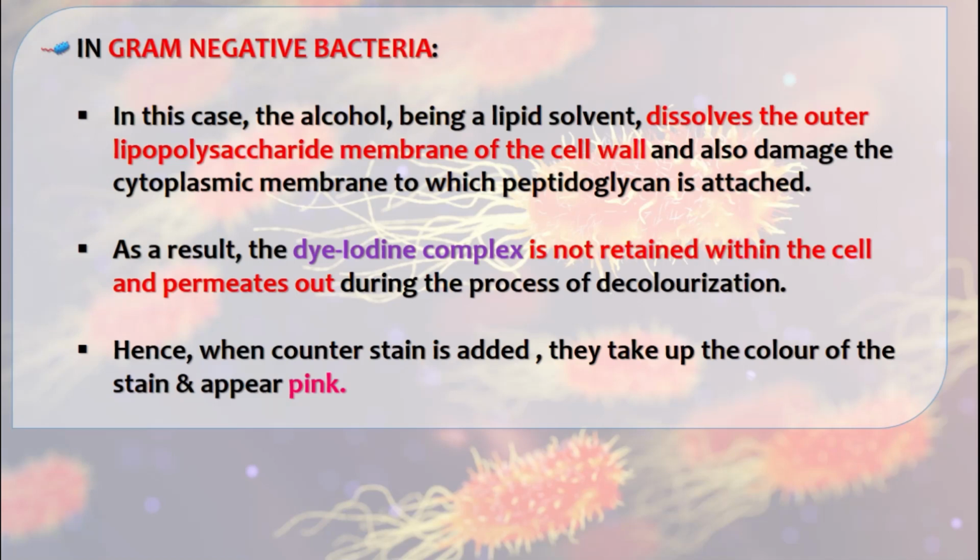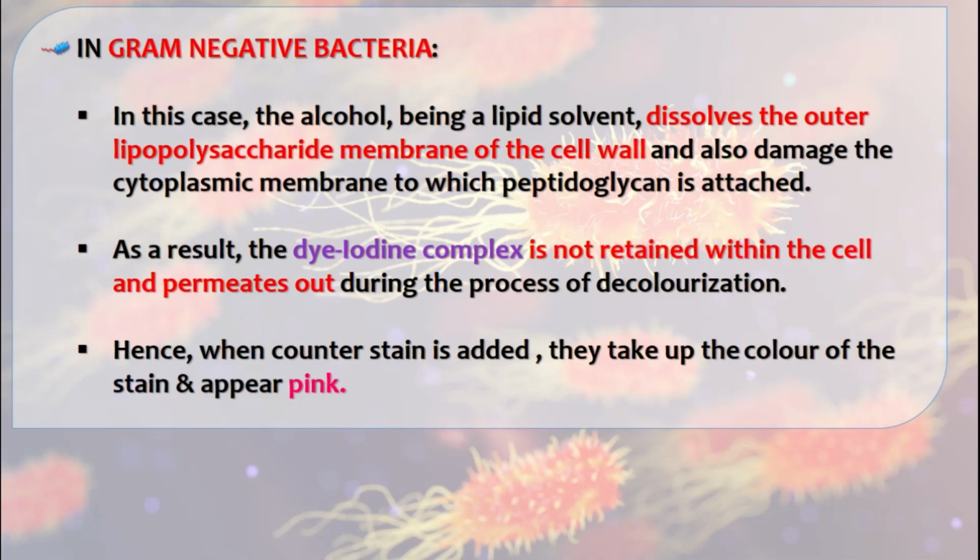Hence, when the counter stain is added, they take the counter stain and appear pink in color. So we have seen that the gram positive will retain the crystal violet iodine complex and appear violet in color, and the gram negative will get decolorized, take the counter stain and appear pink in color. This is the basic mechanism behind the gram staining technique.